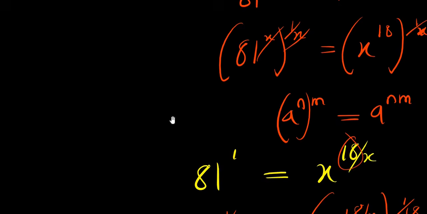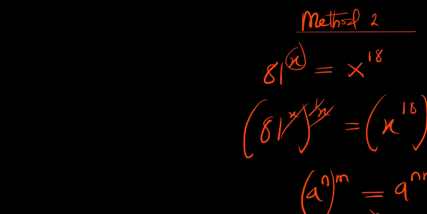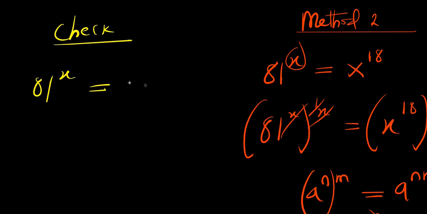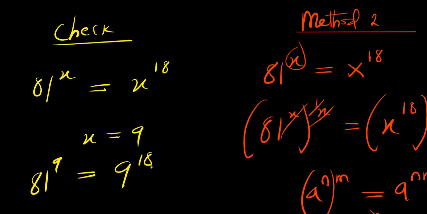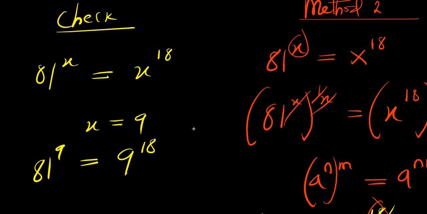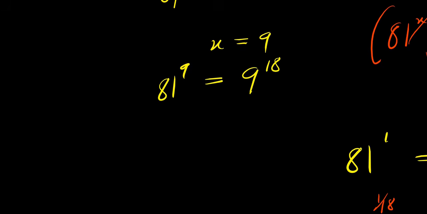So the next thing we are going to do, we are going to check if this value actually satisfies the equation. We have 81 power x equals x power 18, and our x equals what? 9. So that means 81 power 9 equals 9 power 18. Now, 9 is a perfect square.